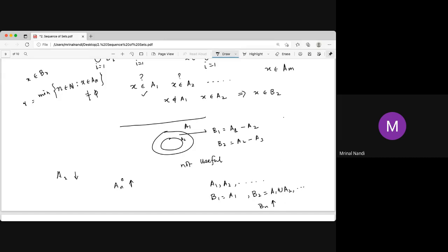We find Cn, which is Bn minus B(n-1). That Cn is now disjoint. So we need two steps: first take the unions, then their differences, and then we get a disjoint set.